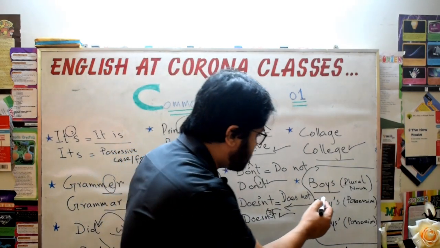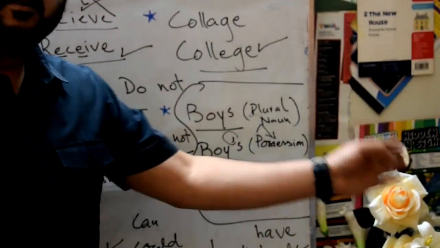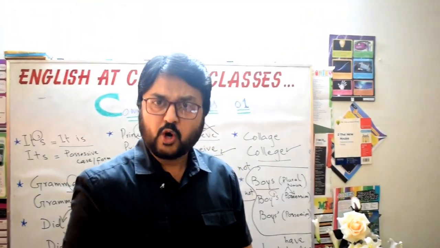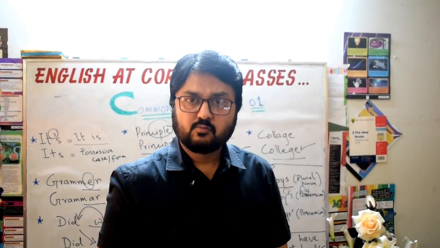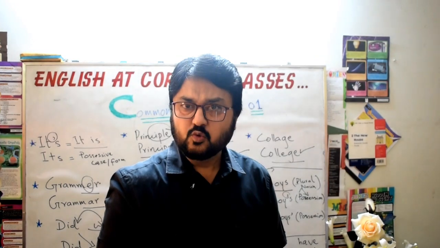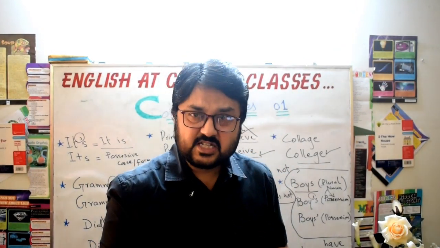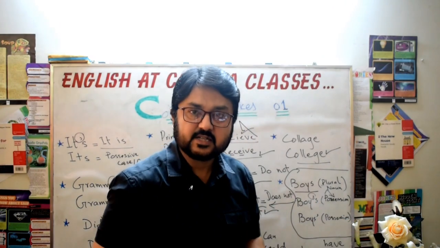This apostrophe is to be supplied when you want to show possession. Boy's face, लड़के का मुंह. Boy's nose, लड़के की नाक. Boy's school, लड़के का school. Okay, this is possession.